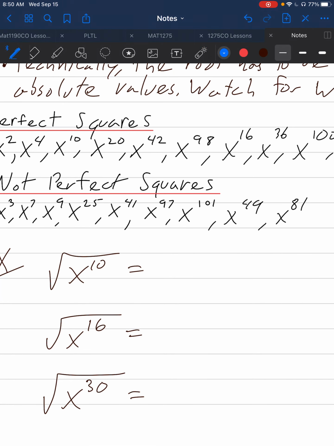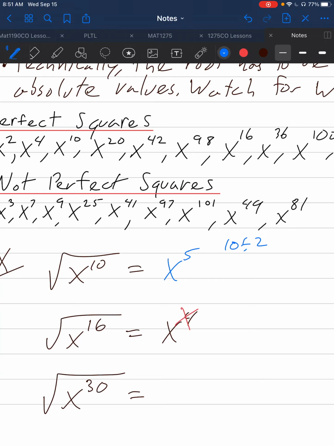Once again, the square root of x to the 10th is x to the 5th, because all you're doing is taking 10 divided by 2. The square root of x to the 16th, right? The most common answer is x to the 4th, but remember, this is an exponent value, so this is incorrect.